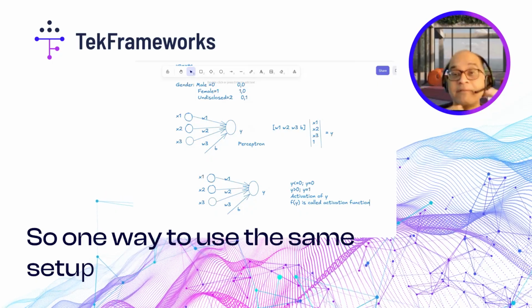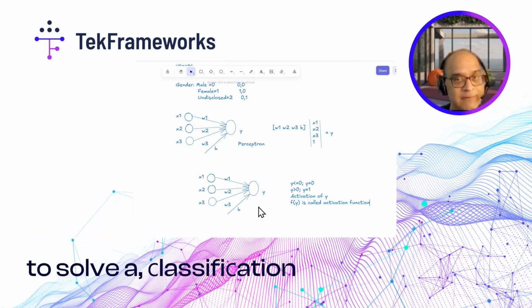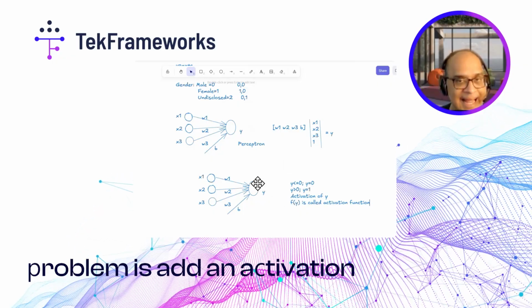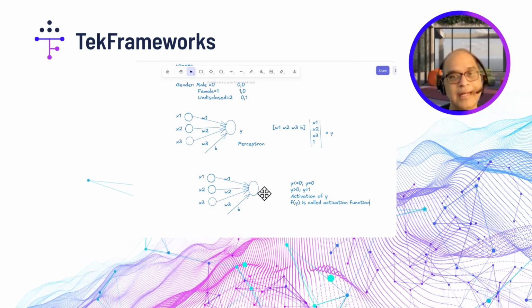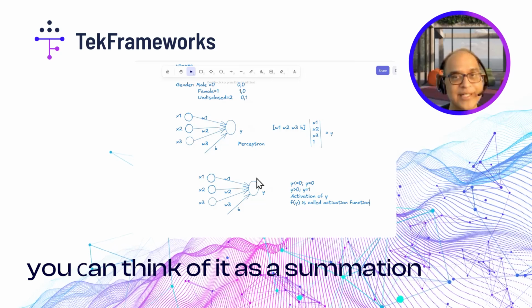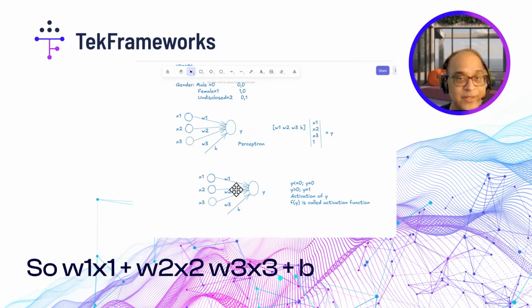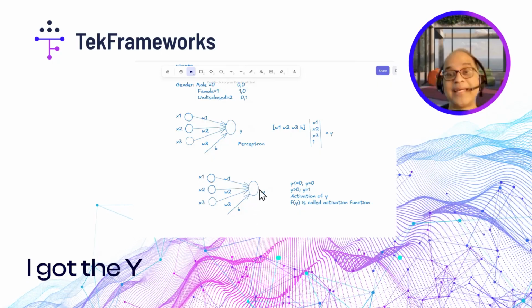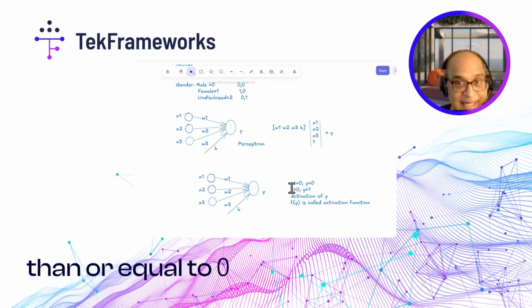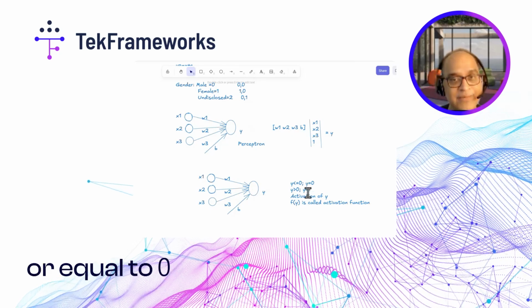One way to use the same setup to solve a classification problem is to add an activation after I do this summation. You can think of it as a summation or a matrix multiplication actually. So w1x1 plus w2x2 plus w3x3 plus b. I got the y. Now I put that y in this function, and if y is less than or equal to 0, my output is 0. If y is greater than 0, my output is 1.